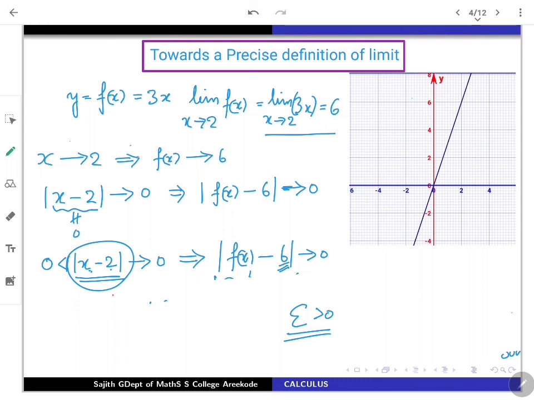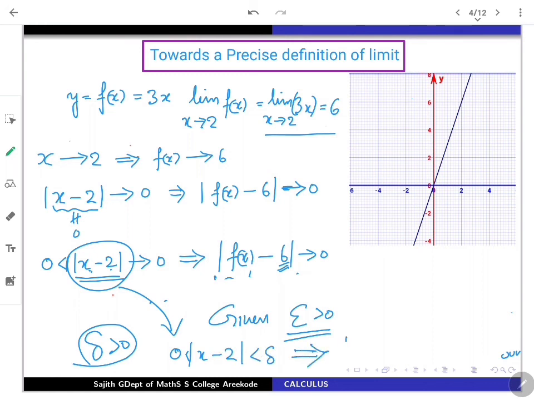Given this, what I am going to ask is to find another positive number delta, such that when 0 less than mod x minus 2 less than delta, it will guarantee that f of x and 6 are within the tolerance level, less than epsilon. This is what I am expecting. This is going to be the precise definition.